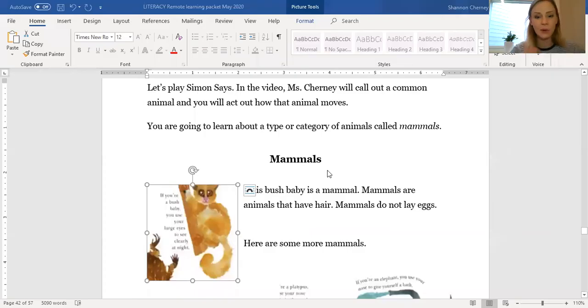Wow, that was so much fun acting like animals, and it gave us some time to be able to move our bodies and move around like an animal. And as you were moving like those animals, you had to think about their features. Think about this for a second. If you were acting like a snake, you had to know that a snake didn't have arms or legs to move around.